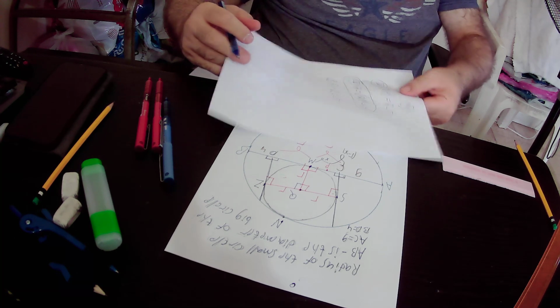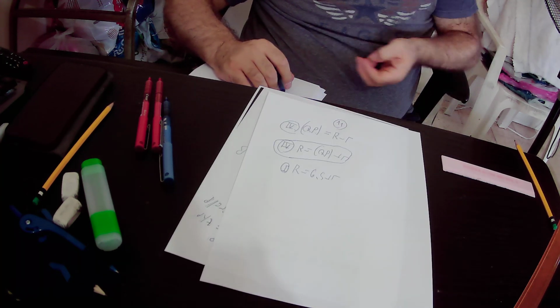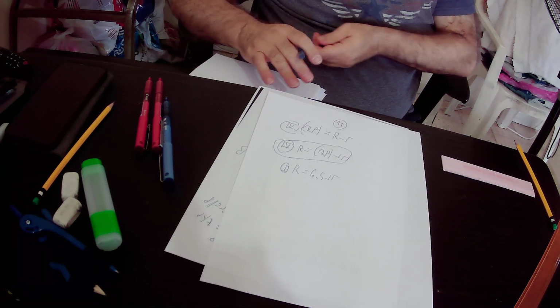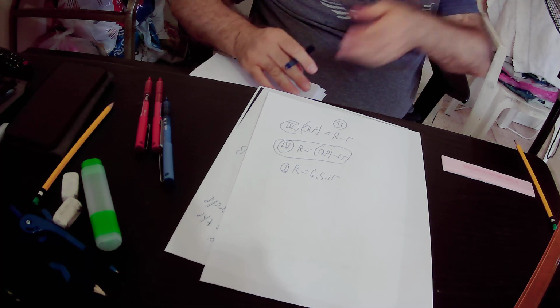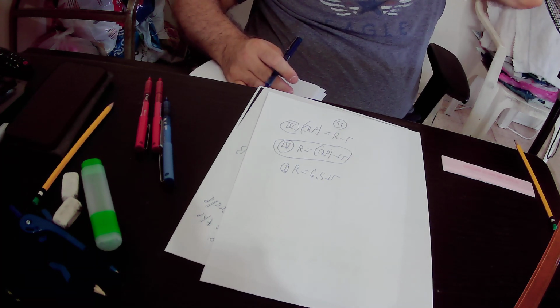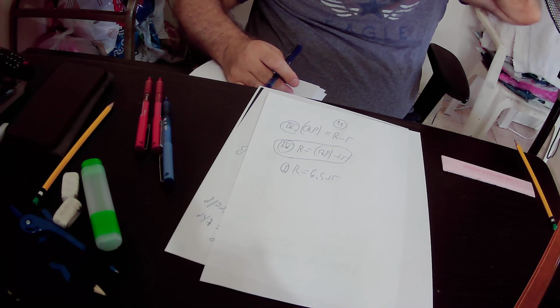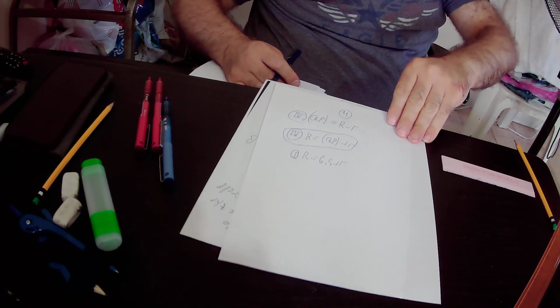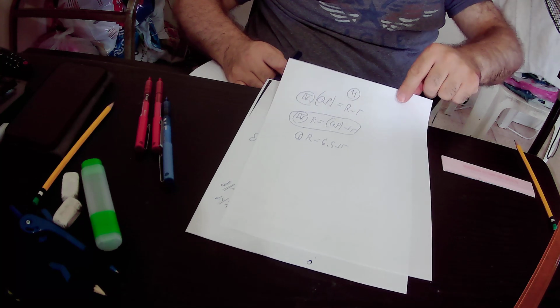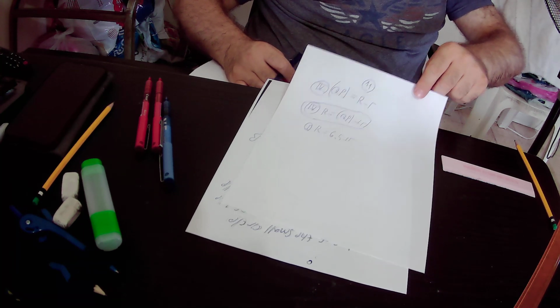Okay, we have equation number 1 and equation number 4 that both are expressions of the radius of the big circle, so we can compare equation number 1 to equation number 4.